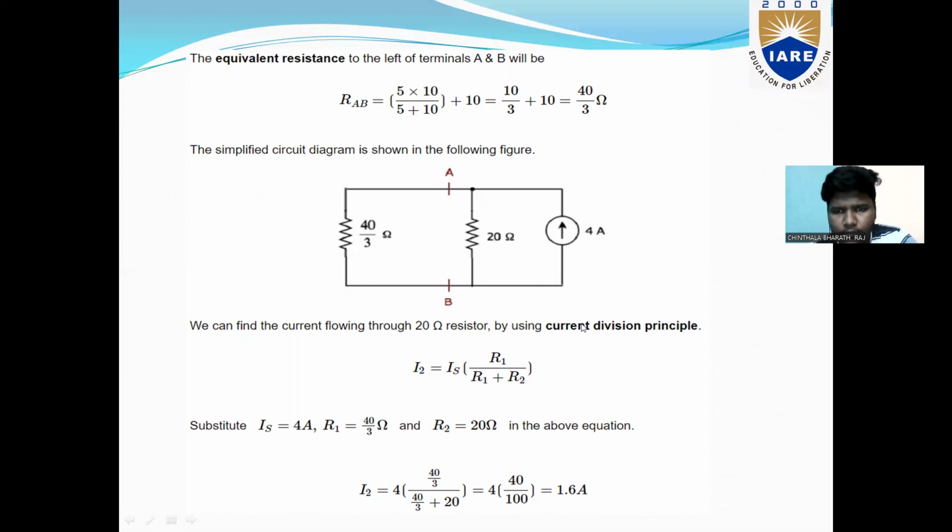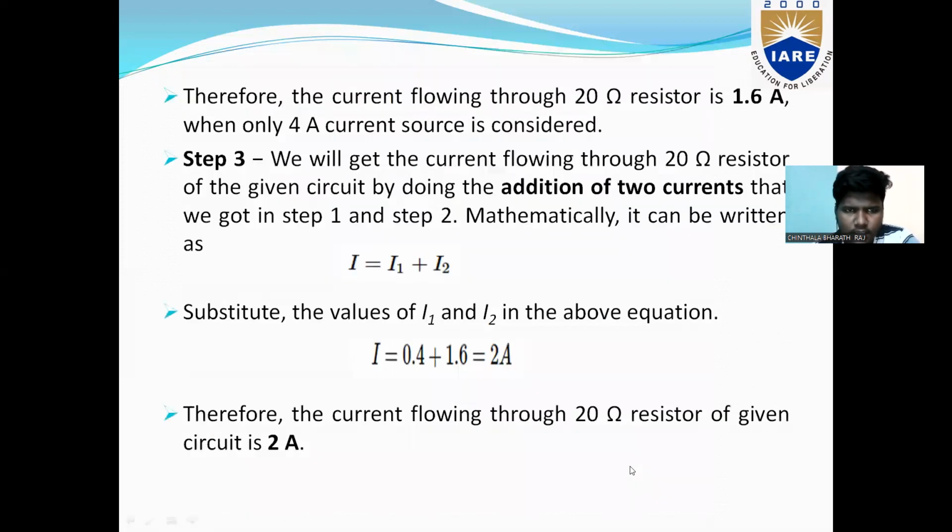Substituting IS equal to 4 amps, R1 equal to 40 by 3 ohms and R2 equal to 20 ohms, and simplifying, we get 1.6 amps. Therefore, the current flowing through the 20 ohm resistor is 1.6 amps when only the 4 amp current source is considered.